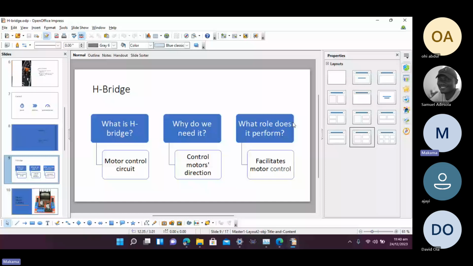So this is one example of a motor driver that provides H bridge operations, because we have different types of motor drivers. The stepper motor we used also has its own driver, but that driver is not just an H bridge.